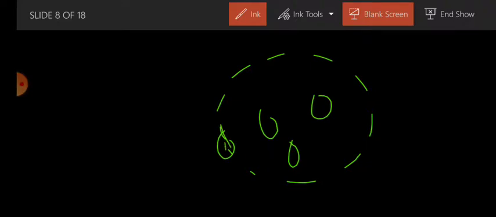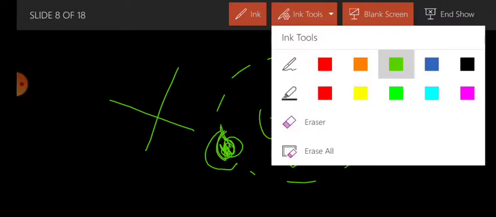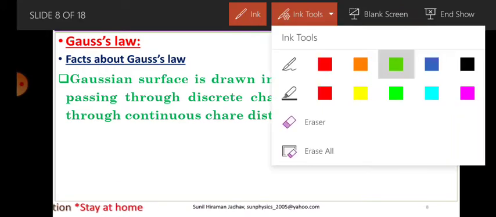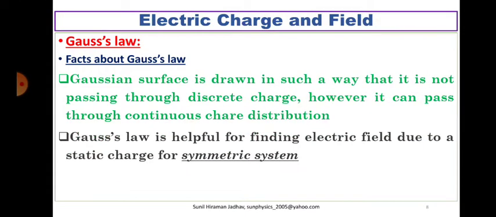Some part of this charge is lying inside this Gaussian surface and some part is lying outside it. So when you are drawing the Gaussian surface, such a thing is not allowed. But if you have a continuous charge distribution, in that case it can be done. The concept of continuous charge distribution we will discuss later on.